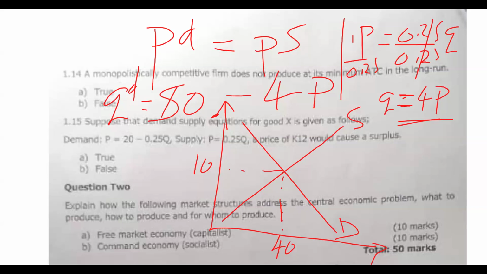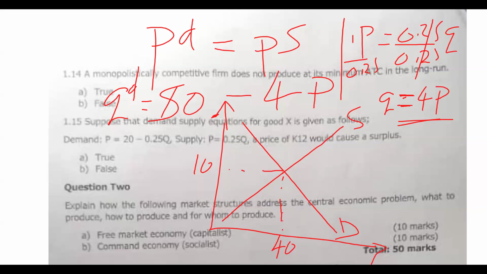Let me repeat that, in case you've not gotten it: to find the intercepting price on the demand function, set quantity equal to 0. Then you shall have the price.